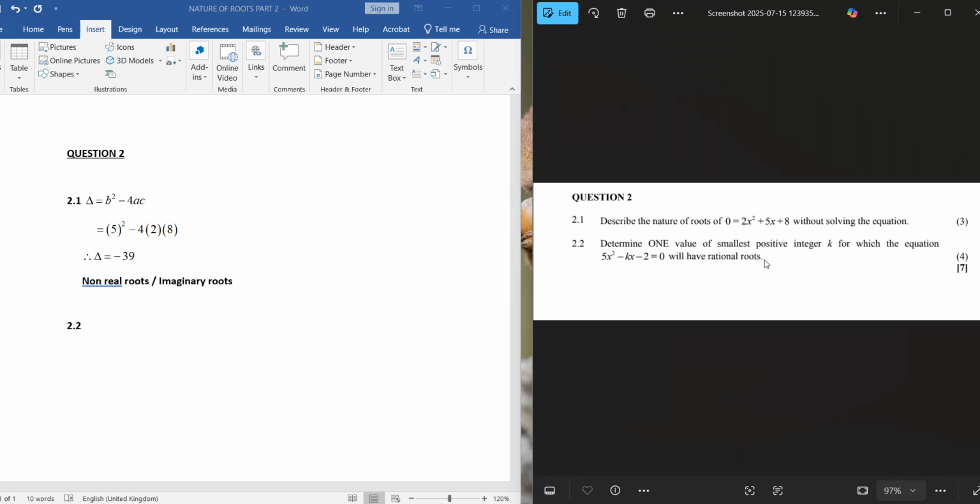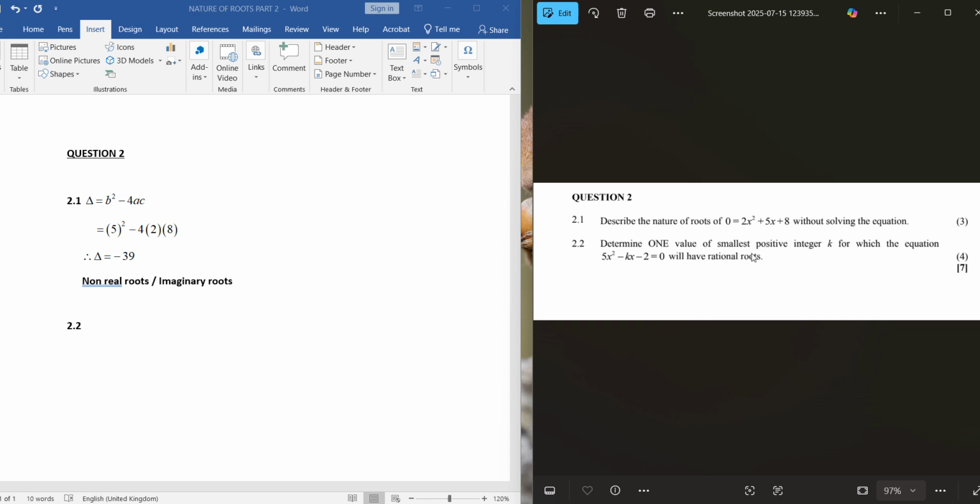Now, here we are given a condition to say rational roots. We are required to find the value of k, the positive integer k, for which this value of k is going to give us this condition, which is rational roots. Now, since we have set 1, we go to condition number 1. For us to have rational roots, delta must be greater than 0. If delta is greater than 0, we are going to have rational roots.